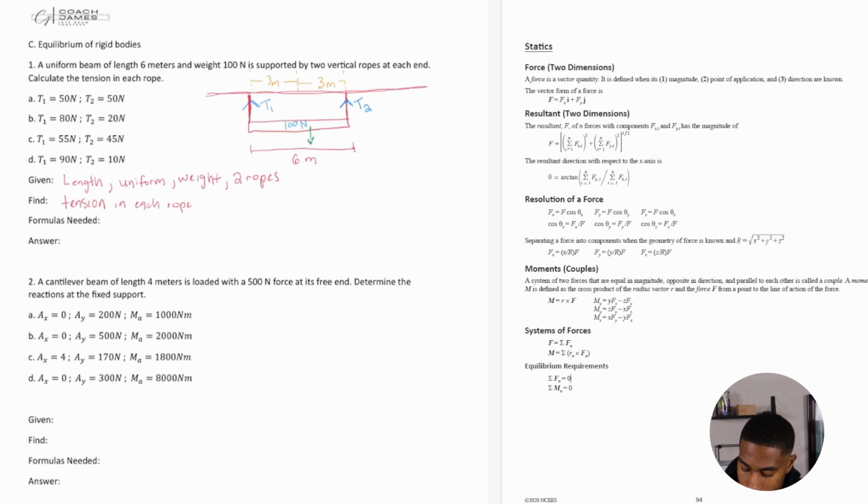Okay, so since this is symmetrical, we know that the sum of the forces in the y direction is equal to T1 plus T2 minus 100 newtons. But since this thing is symmetrical and is sitting in the middle, we know that T1 must equal T2. And because of that, I can substitute T1 in for T2.